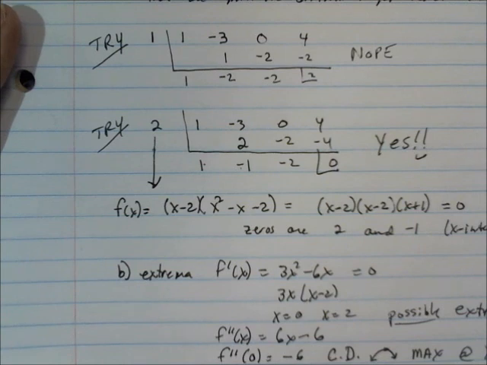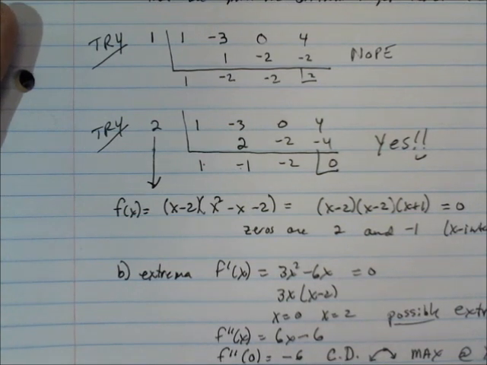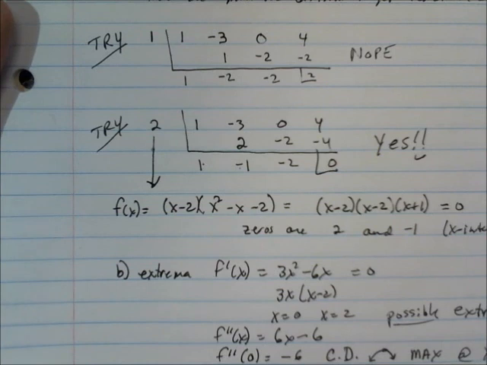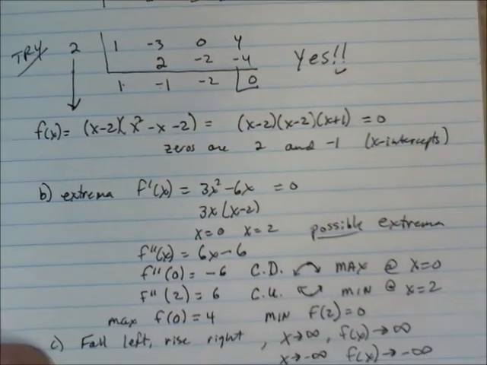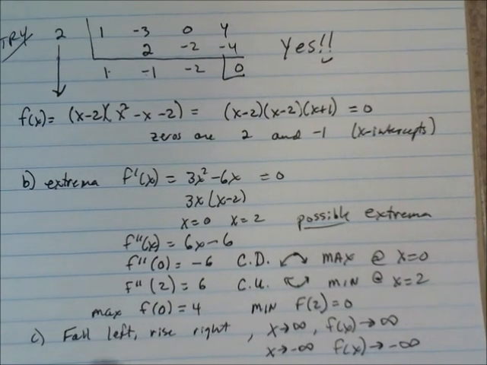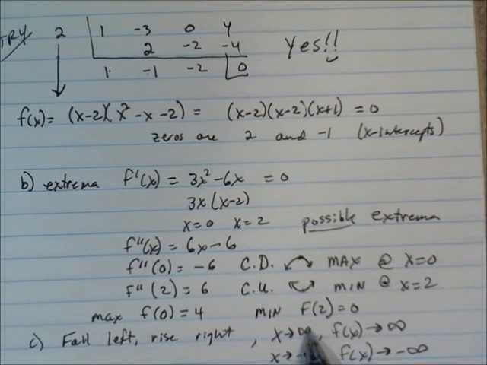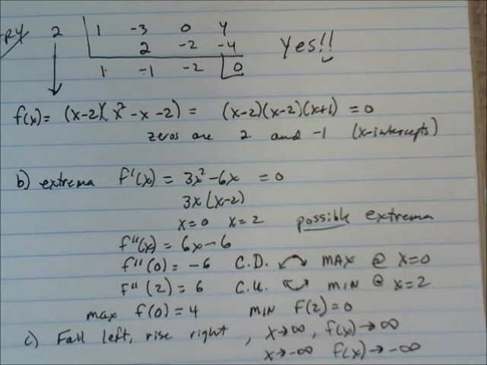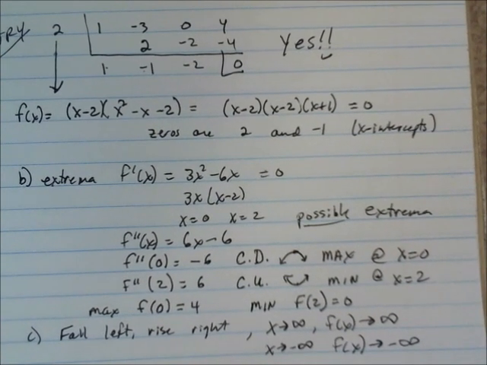So that means as x approaches positive infinity, f of x will also approach positive infinity. And when x approaches negative infinity, f of x is also going to approach negative infinity. So that's what it means to fall left and rise right, because x gets bigger and so does y, and when x gets more and more negative, y gets more and more negative. So there's your end behavior.